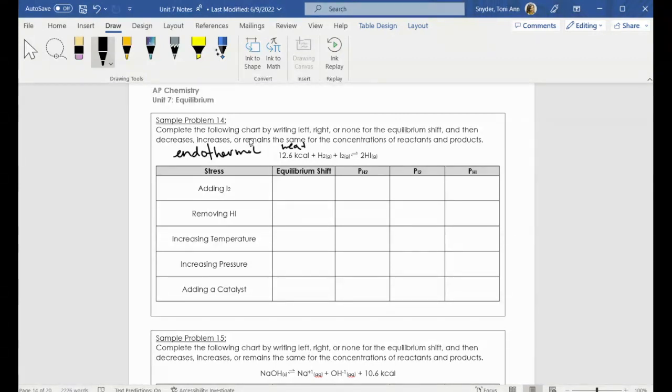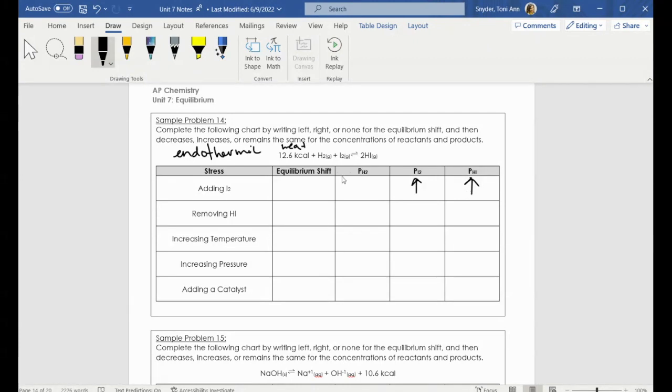If I'm adding iodine, of course my concentration of iodine is going to go up. If my concentration of iodine goes up, I could produce more hydrogen iodide, which is what Natalie wants, on the other side of the equation. So we can increase the partial pressure of hydrogen iodide.